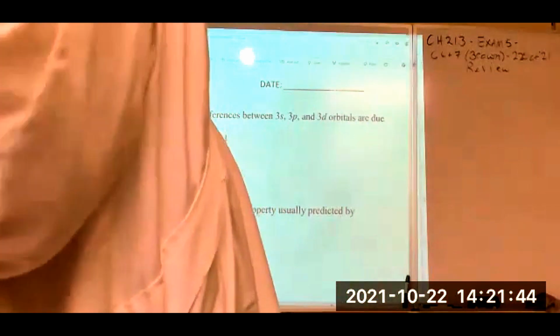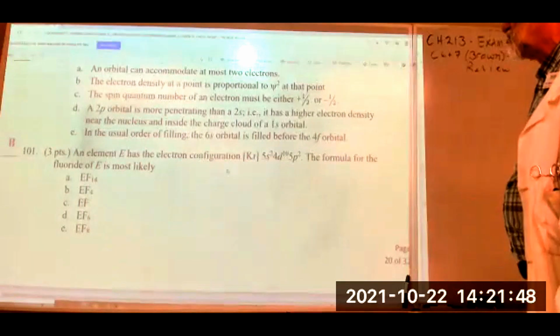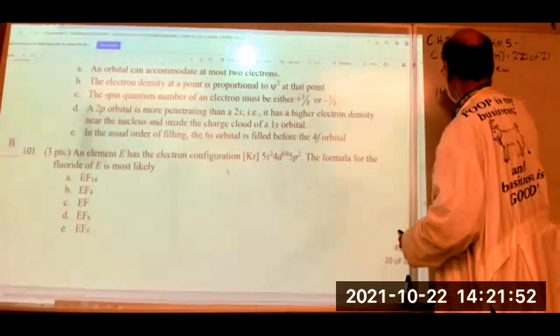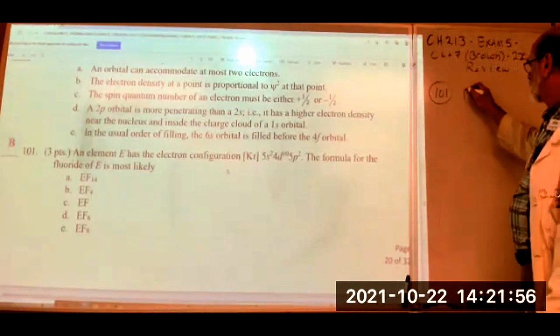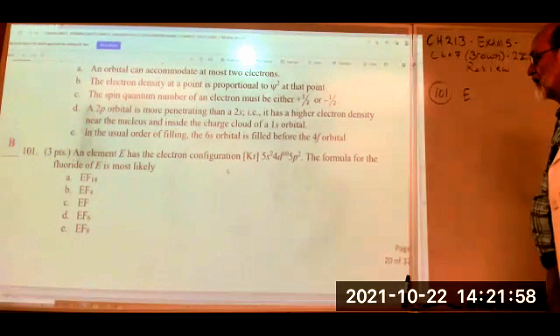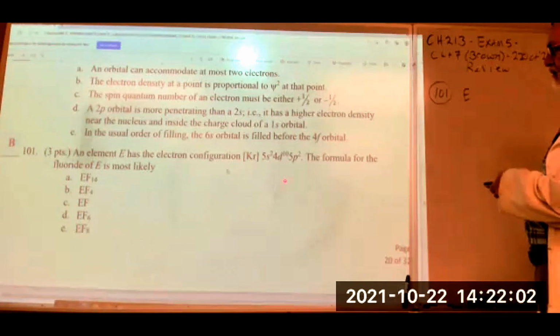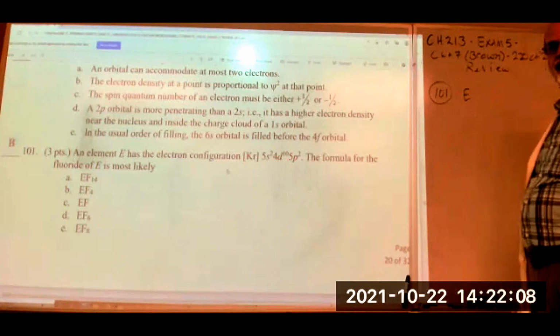Let me see if I can do this one. Yeah, 101. So we've got this element, whatever it happens to be, and it's got a configuration with 5s2, 4d10, 5p2. Well, that's 10 again, isn't it?